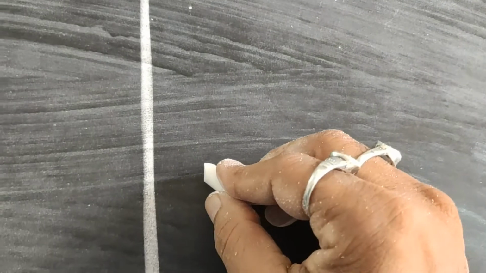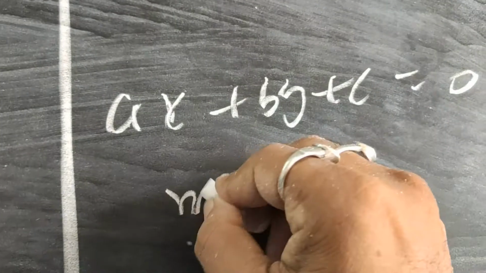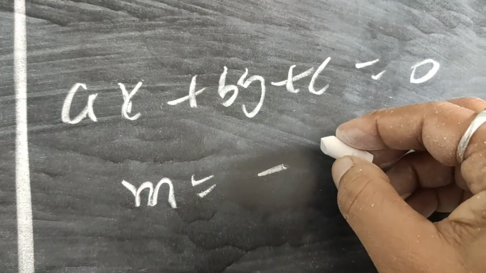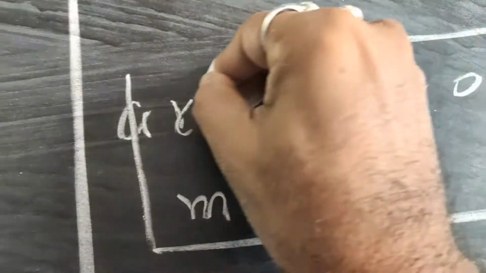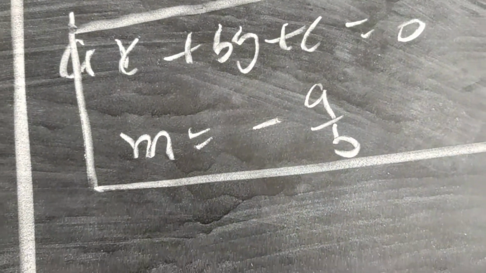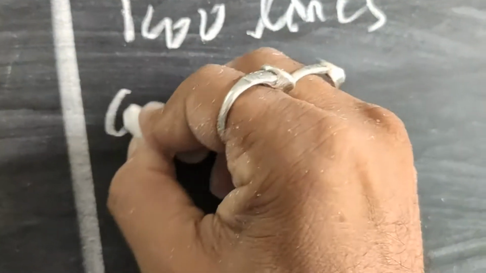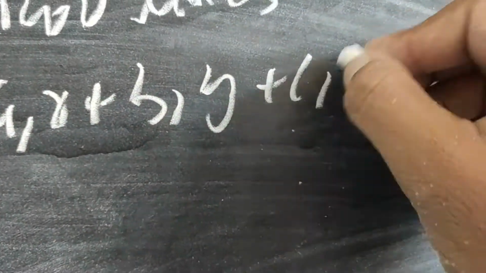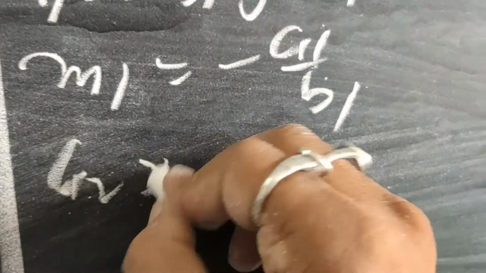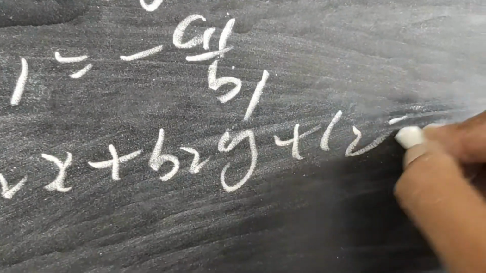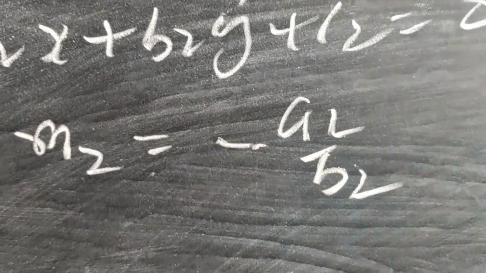In the next lecture we will learn that if the line is ax plus by plus c equal to 0, then the slope will be minus a upon b. This will be learned in the next lecture, m equal to minus a upon b. So we can say if two lines a1x plus b1y plus c1 equal to 0, then m1 equals minus a1 upon b1, and a2x plus b2y plus c2 equal to 0, then m2 equals minus a2 upon b2.